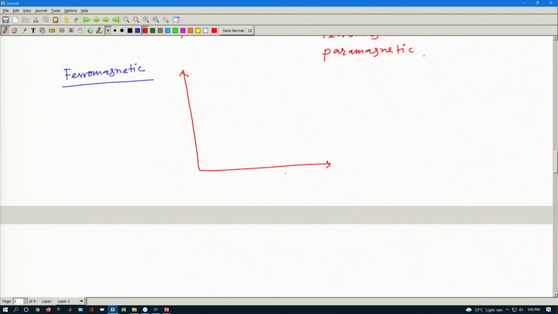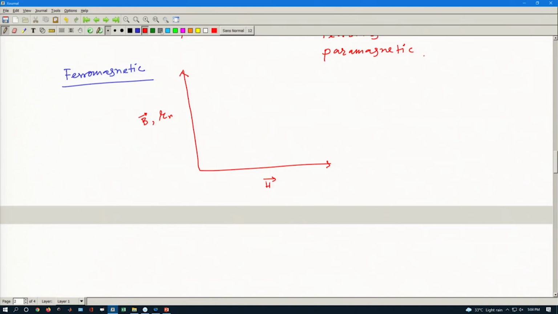Here in the x axis I plot the field, and y axis I plot B and also the relative permeability. This relative permeability is also a function of H, that is the important part here.